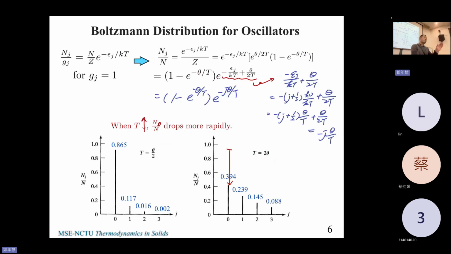The characteristic temperature is different for different materials. It can also be regarded as a kind of activation. If you pass theta, you have a higher chance of activation. If you are below the characteristic temperature, this degree of freedom is typically locked. It's not activated.